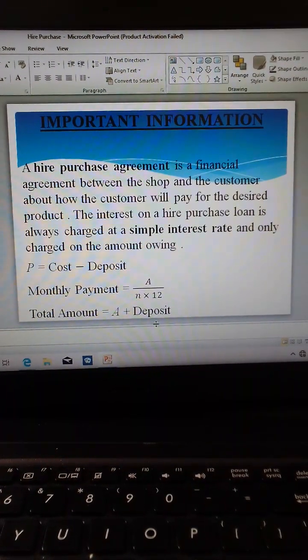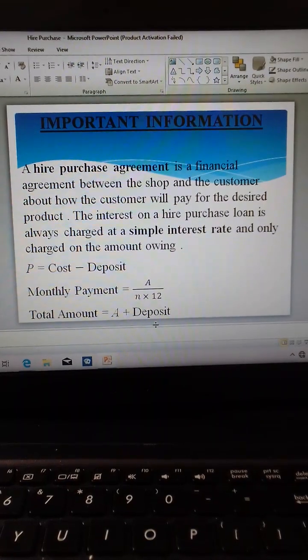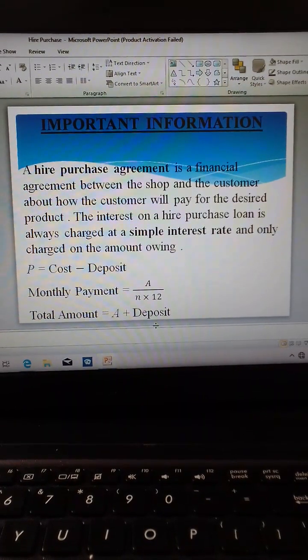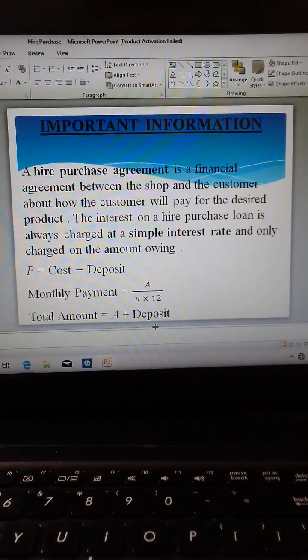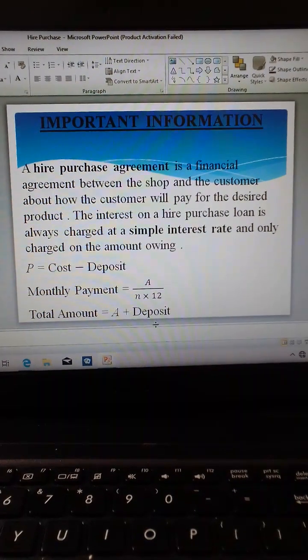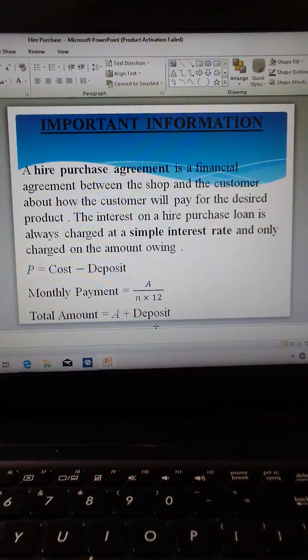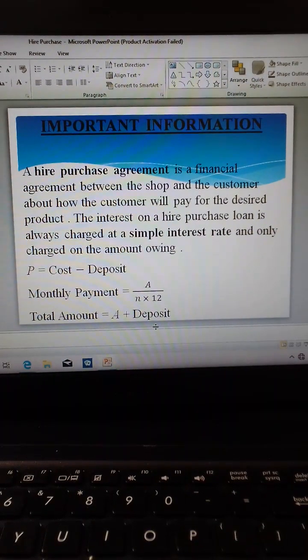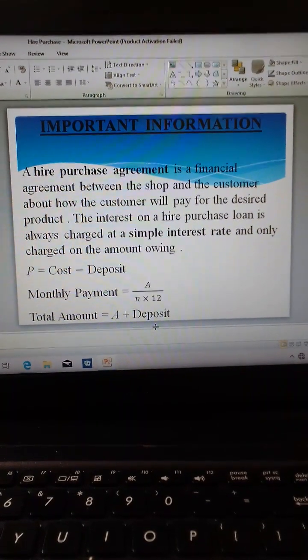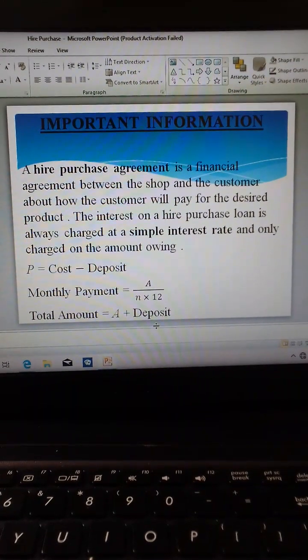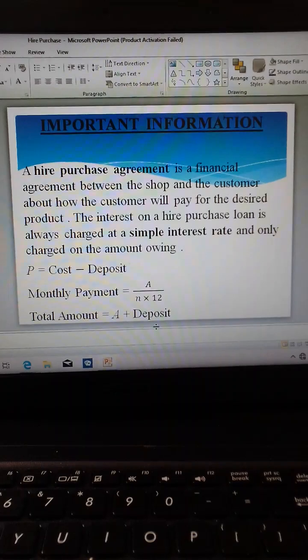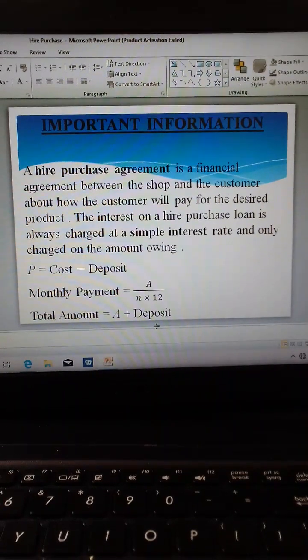Okay, so some formulas that you may need to know: the principal amount is the cost minus the deposit, right? So if it is stated that you need to pay a 10% deposit, you need to subtract 10% from the cost. That's the principal amount. The monthly payment is the accumulated amount over the number of months. So if you are given the number of months, you just substitute that in the denominator.